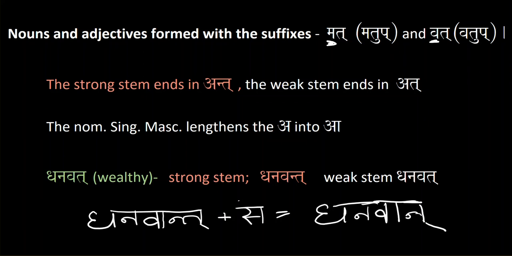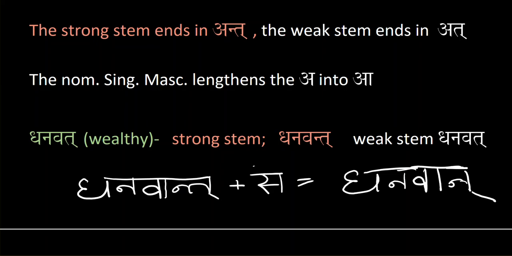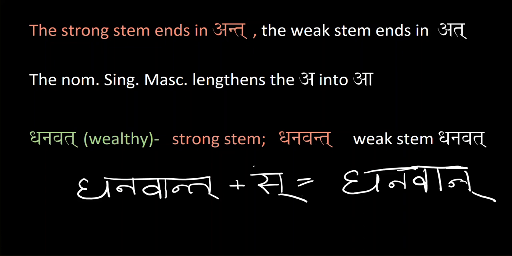So that was the nominative singular masculine, that is highlighted in red. And the case ending that you use in the nominative singular masculine is a sa with the halant. So first you start with the strong stem, right? You start with dhanawant.